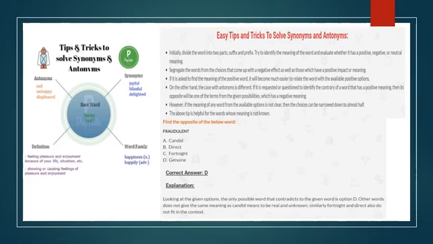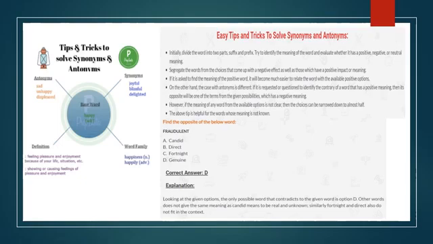Try to identify the meaning of the word and evaluate whether it has a positive, negative, or neutral meaning. If un is there, then definitely it will be negative. In displeased, dis is there, so it will be negative. So you have to identify whether it's positive or negative. Then definitely it will be easier for you to find out its antonym or synonym.